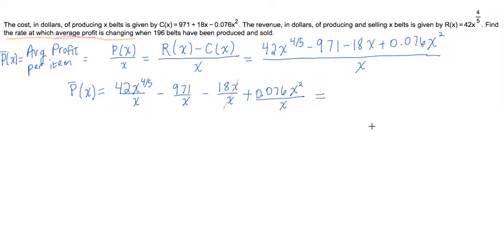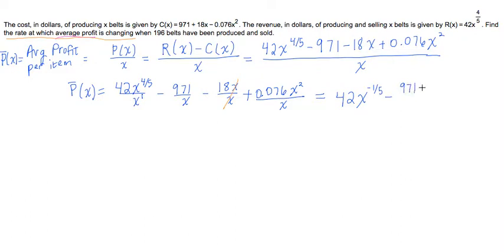That one's easy, those x's cancel. This one we have x to the 4/5 divided by x to the 1st. Exponent rules say that you subtract the exponent in the numerator minus the exponent in the denominator. So we have 42x to the 4/5 minus 1 is 4/5 minus 5/5 is negative 1/5.